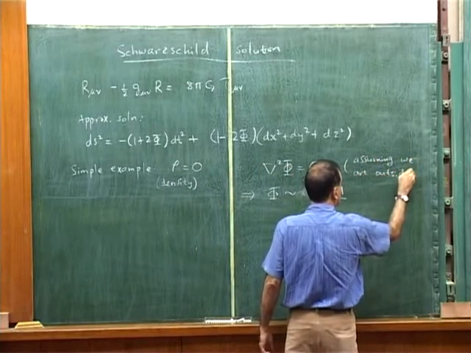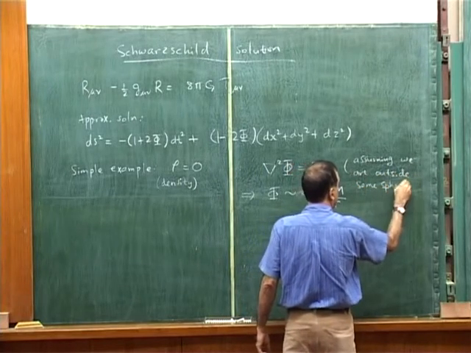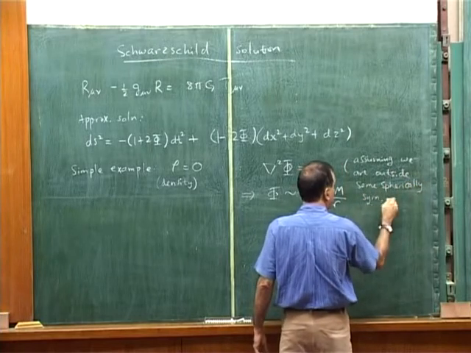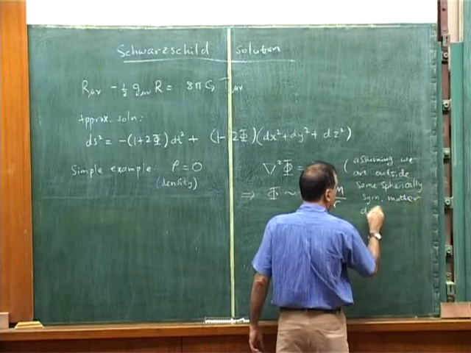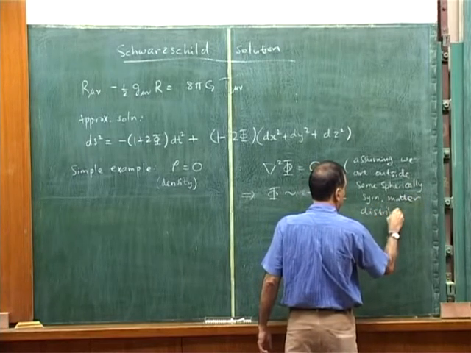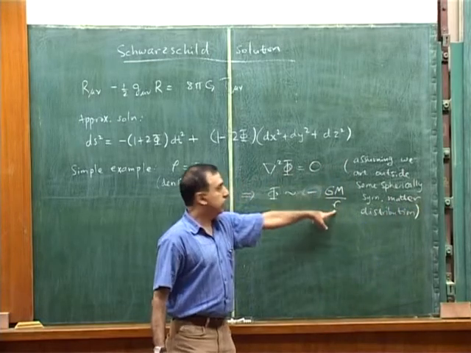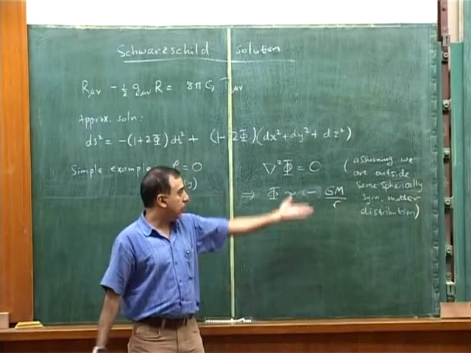The only assumption is that we are outside some spherically symmetric matter distribution. Spherical symmetry tells us that the potential will depend only on r, and thereafter this equation will tell us the dependence can only be 1 by r. And that's it.